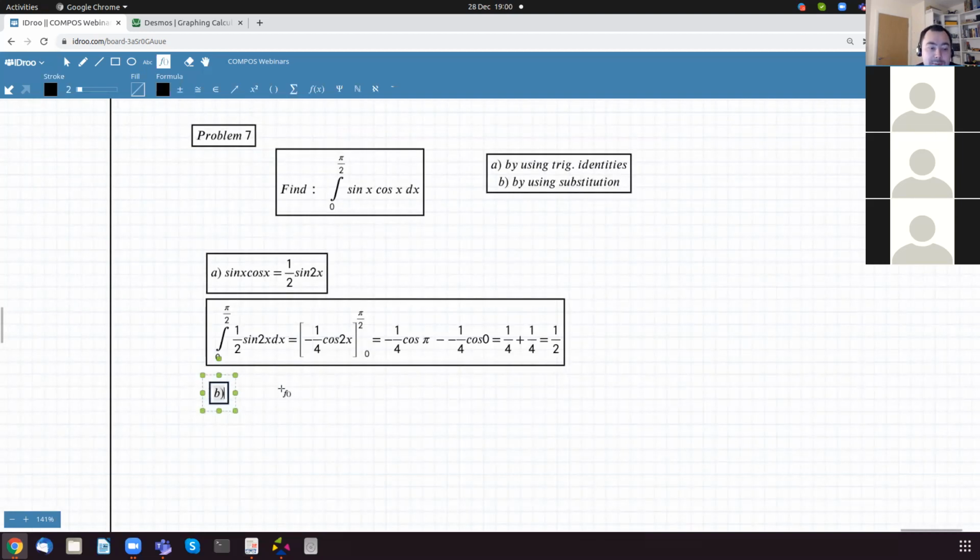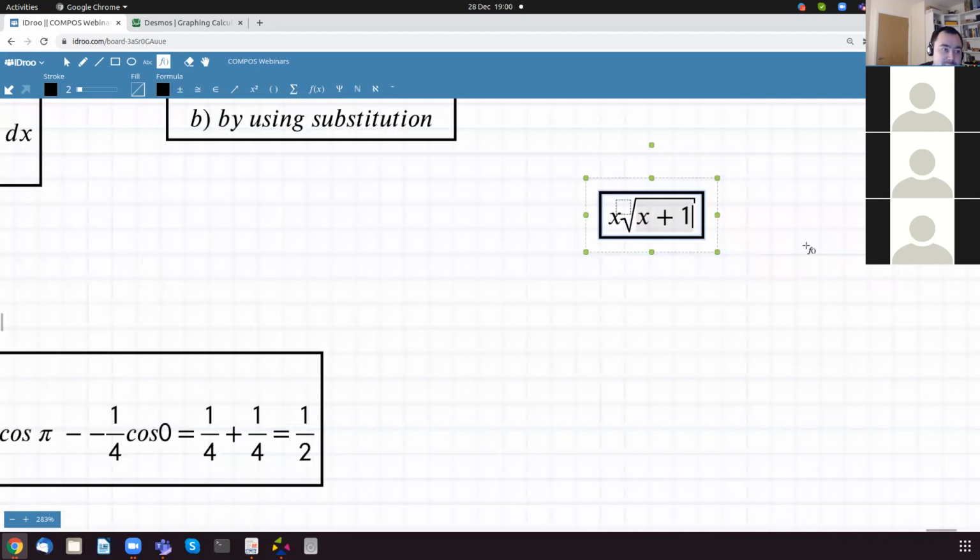So what does a substitution mean? Well, you look at the functions and you pick one of them. Now the problem is you don't always know which one to take. Usually it's one of the functions that is present in the integral. So if you had, for example, x square root of x plus 1, your substitution would probably be x plus 1. So make u equal to x plus 1.